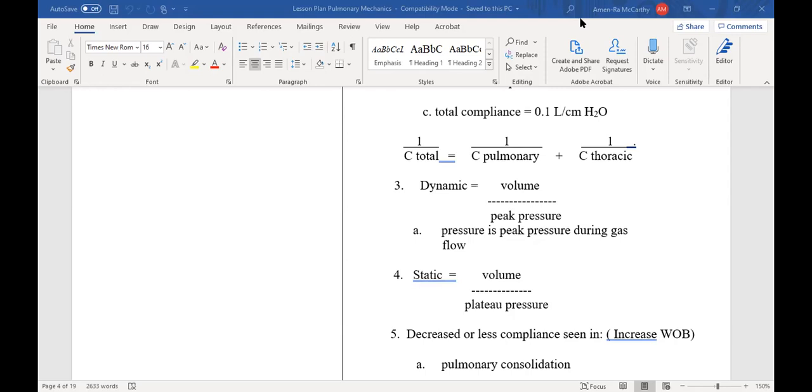And then you have static compliance, CST, equals volume over plateau pressure.